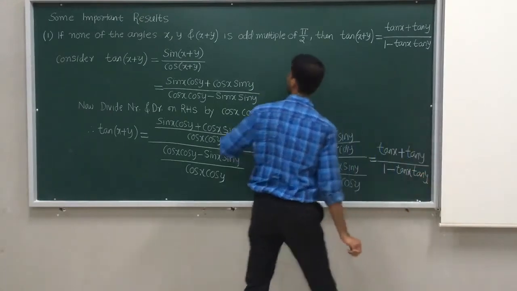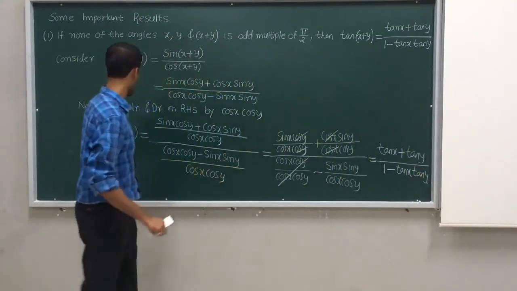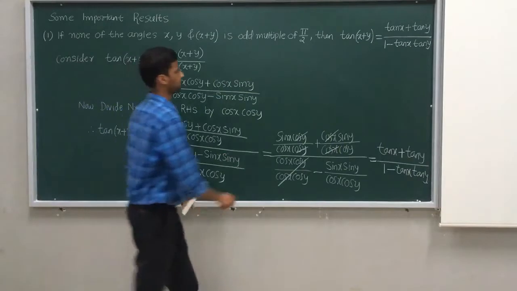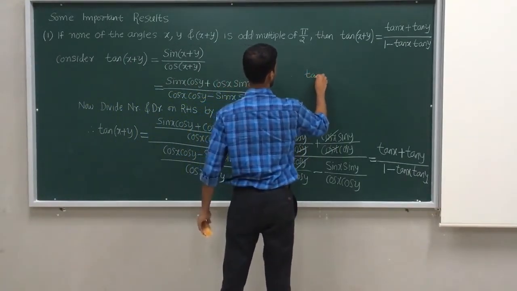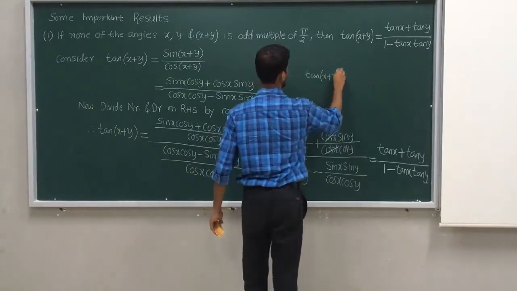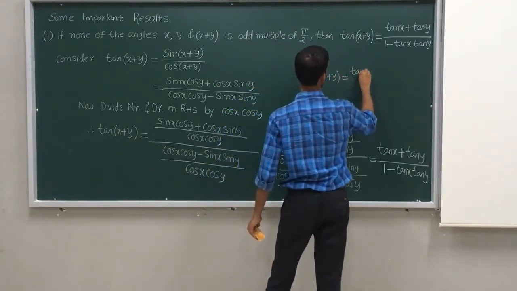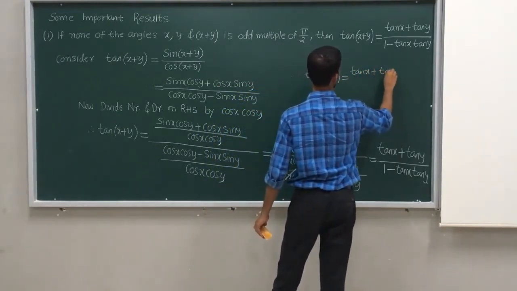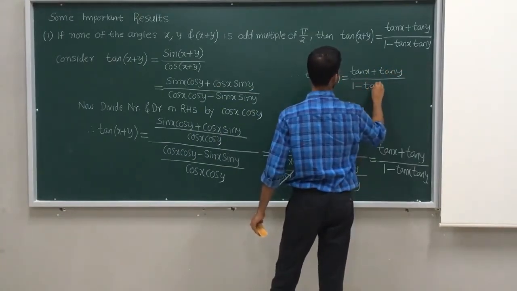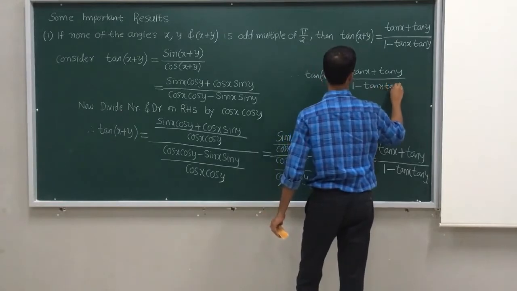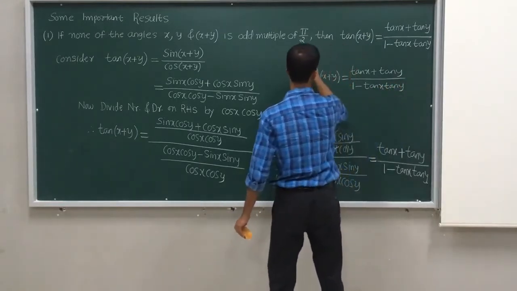Therefore, I got my required answer. Therefore, tan of x plus y is equal to tan x plus tan y upon 1 minus tan x tan y. This is an important result.